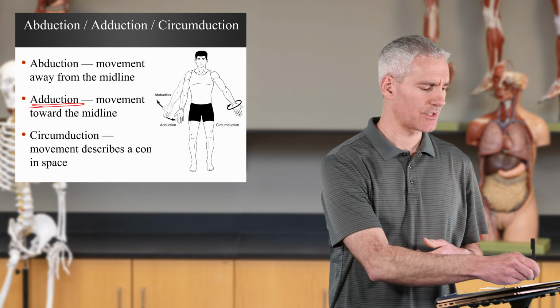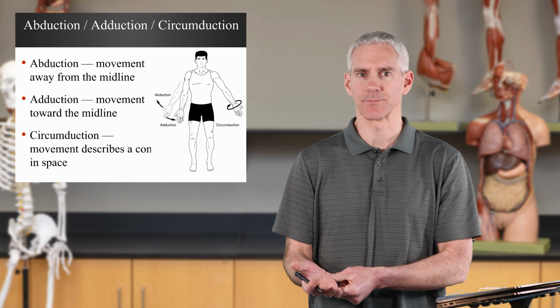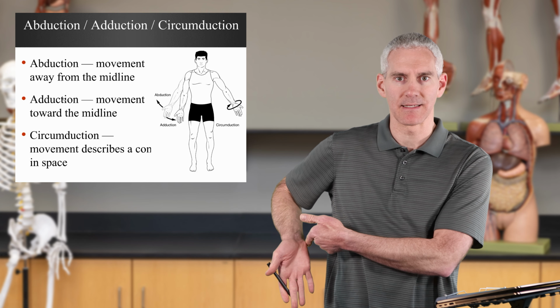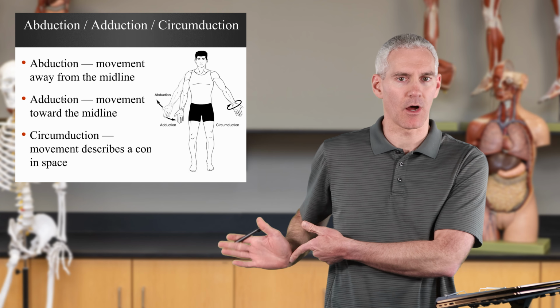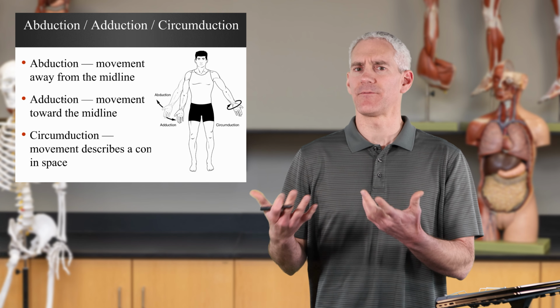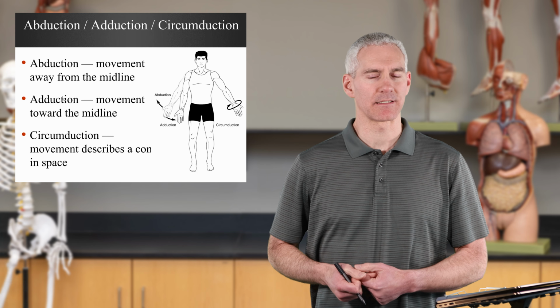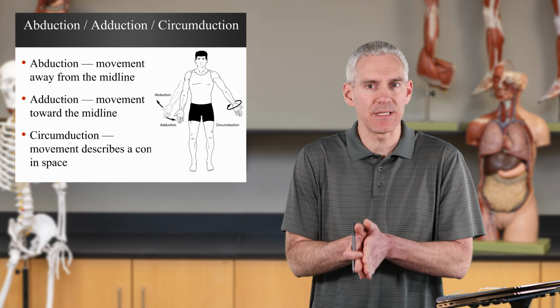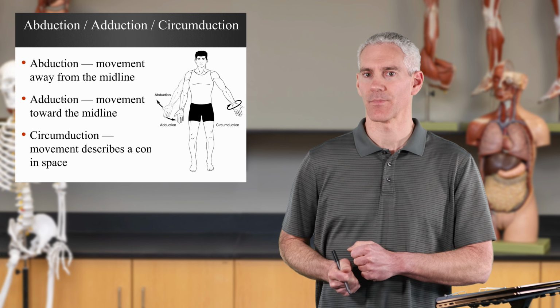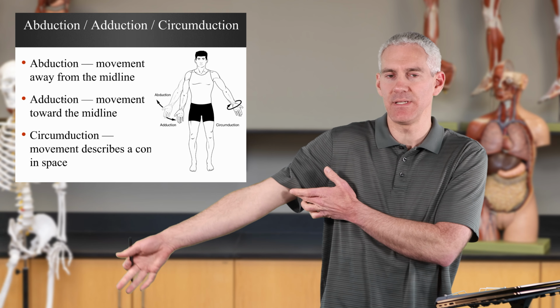And it's not just with the shoulder. It could be the wrist too. Think about the wrist is out. If you go towards the body, that's adduction. Away from the body is abduction. You can do that with fingers, leg. Either way, it's still abduction, AB, away. Adduction, coming towards.